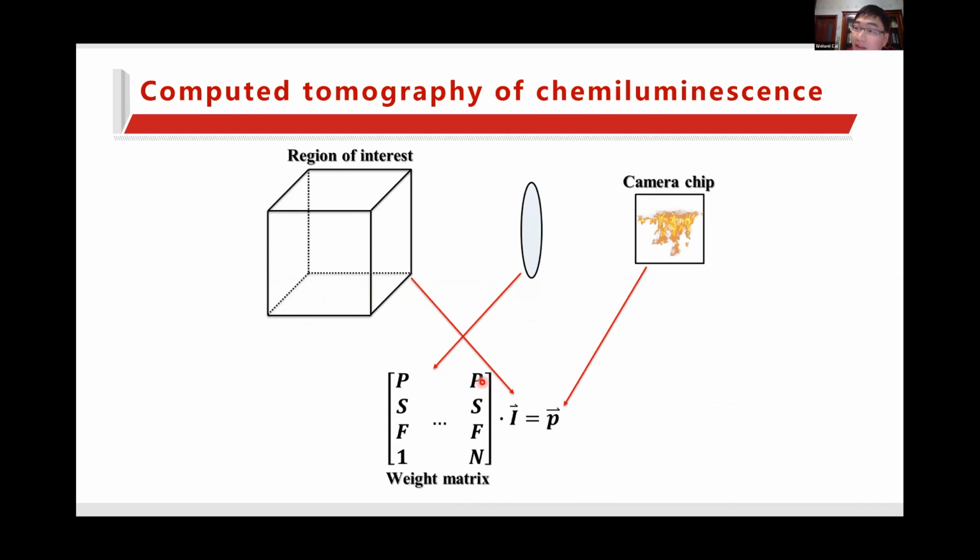But unlike in absorption tomography, where the signal is a line-of-sight integration, here the signal is an integration over a volume, because the signal at a specific point on the camera can be generated from a volume of light sources here. So it's not along a line, it's along a certain volume. But it's also an integration.